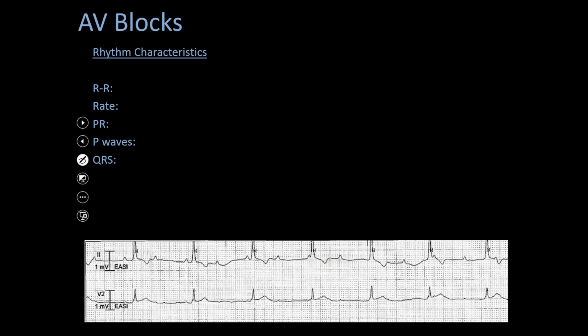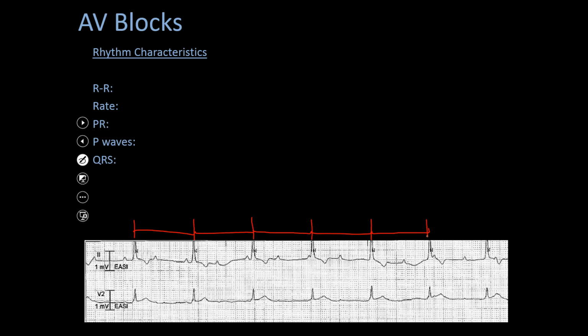Okay, here's another practice strip. Let's see if we can identify what rhythm this is. Are R to R's regular or irregular? They look pretty regular to me. So immediately I can tell this is not a second degree AV block type 1, because in second degree AV block type 1, the R to R's are irregular where the blocks are present.